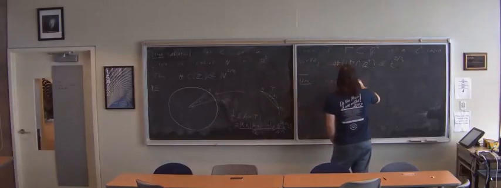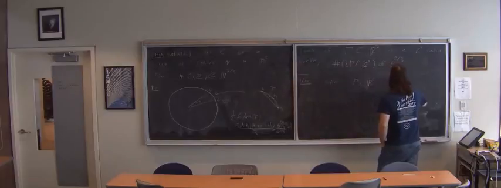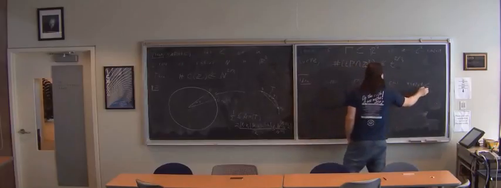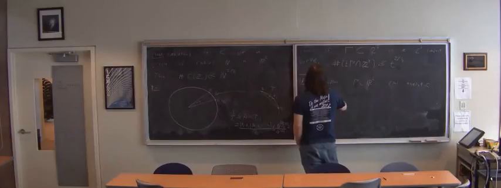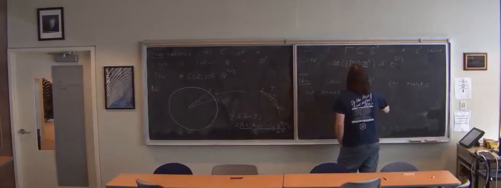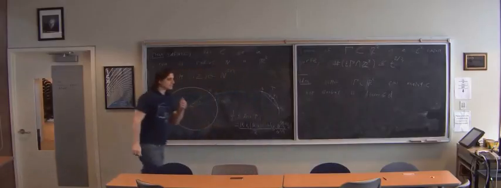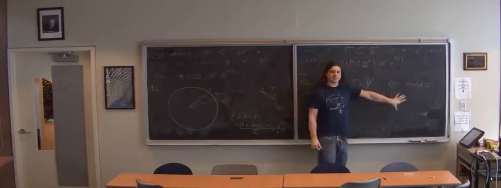Suppose gamma in R squared, let's for now say it's real analytic, and let's say it's not algebraic of degree less than or equal to d. Okay, so it might in fact be algebraic, but if it is, the degree is at least d plus 1.